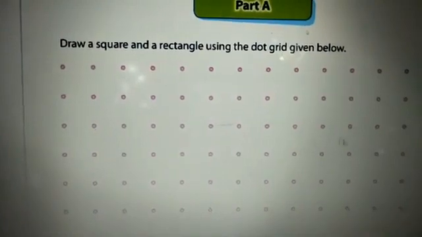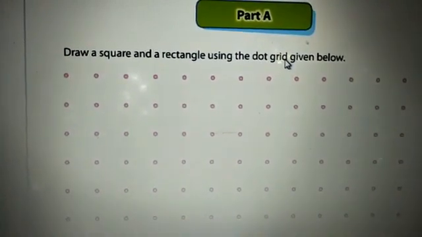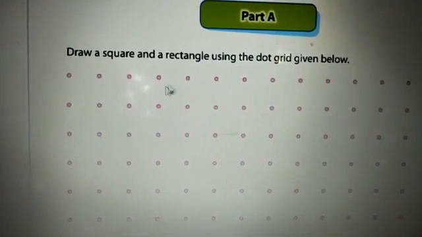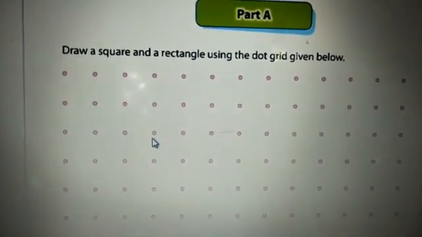The next exercise, draw a square and a rectangle using the dot grid given below. This is your wish only. You can take any dots and you can make a square and a rectangle.